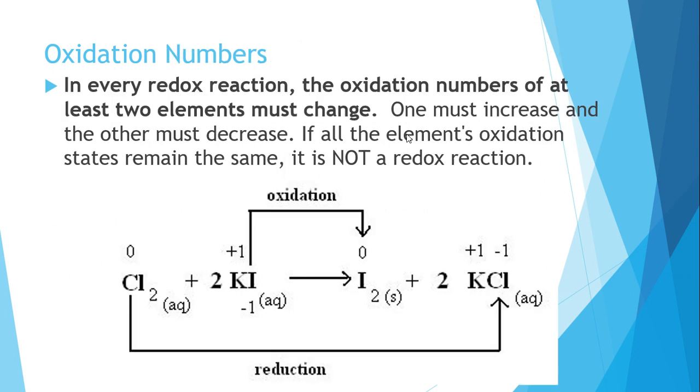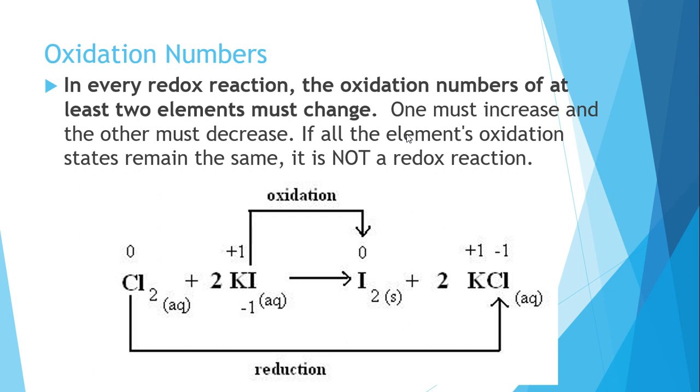Here it says in every redox reaction, the oxidation numbers of at least two elements have to change. One of the oxidation numbers must increase and the other must decrease. If all of the elements' oxidation states remain the same, there is no redox reaction occurring. Here we have an example of chlorine mixing with potassium iodide to yield iodine and potassium chloride.